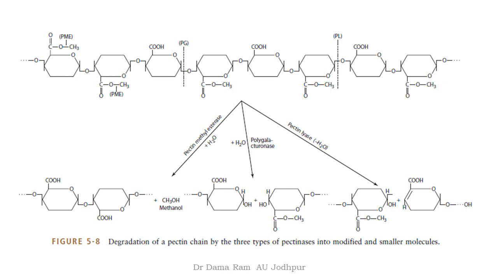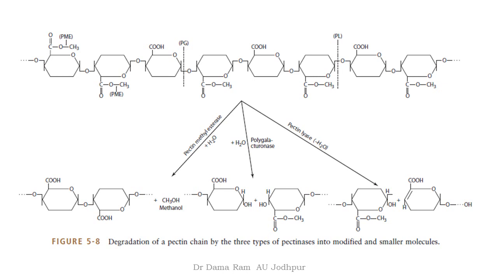Then pectinase cleaves the pectic chain and releases shorter chains containing one or a few molecules of galacturonate. Some chain-splitting pectinases are called polygalacturonases, and they split the pectic chain by adding a molecule of water, hydrolyzing the linkage between two galacturonate molecules; the other is known as pectin lyase.